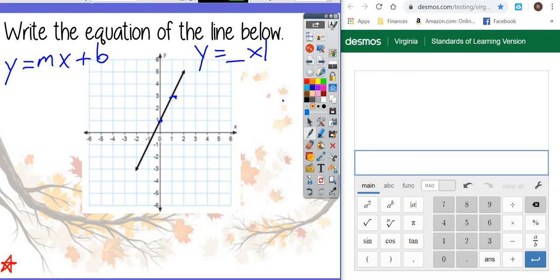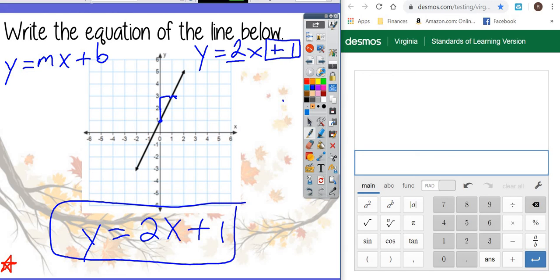Line where the slope goes, box where your y-intercept goes. Well, we know our y-intercept is a +1, and now we have to count the slope. We're going up, so it's positive 1, 2 over 1. So it is a +2 slope. So to write it neatly, it would be y equals 2x plus 1, and that would be your equation.